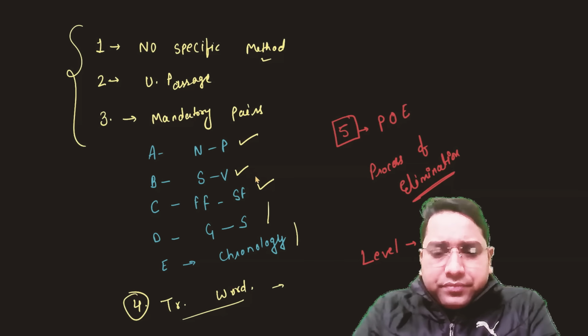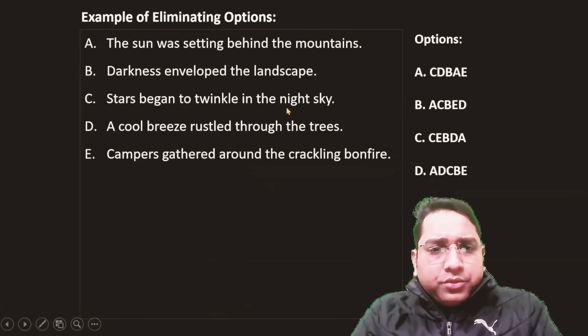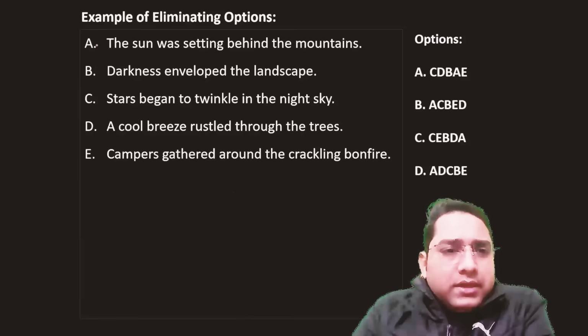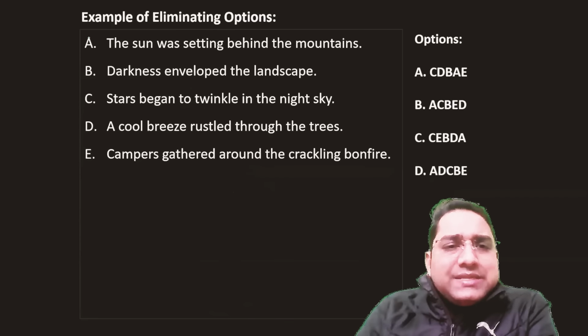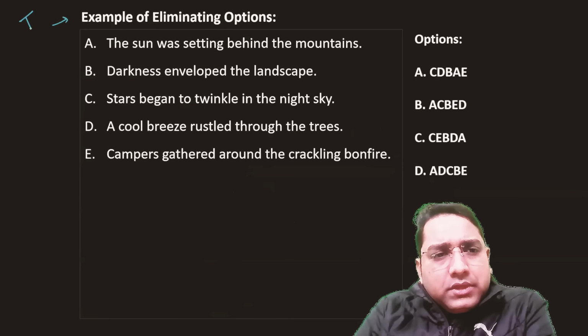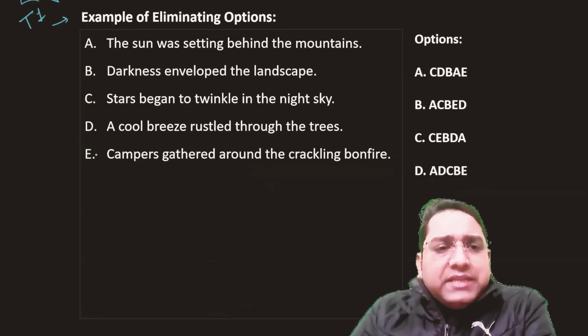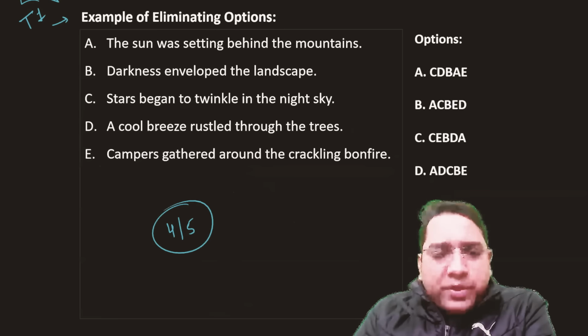Let's see. Let me show you. Here is one example. These are the question types. I'm showing you the types of questions that can be asked. This is type 1. Five lines or four lines would be given in this way.